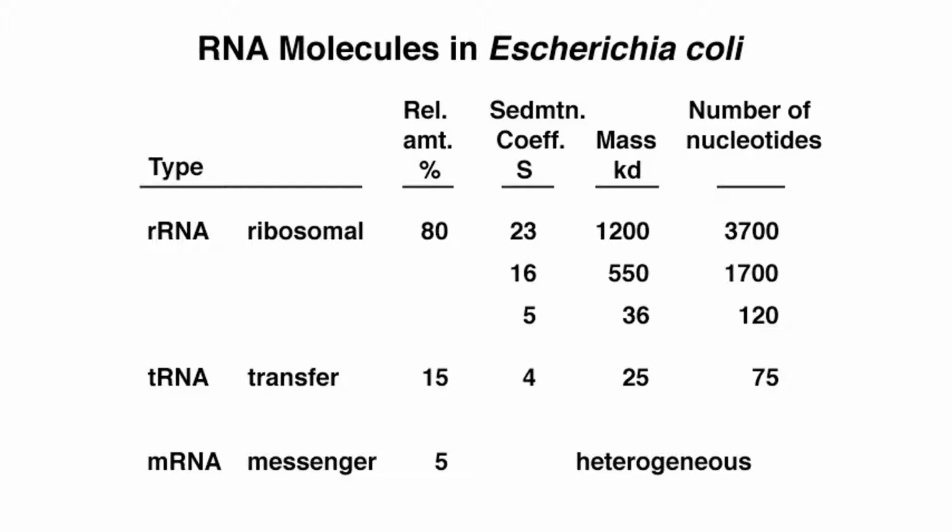So in bacteria, an mRNA may code for a single gene, but more often it codes for a cluster of genes. This is called polycistronic. So a piece of mRNA that is going to be translated into more than one protein.